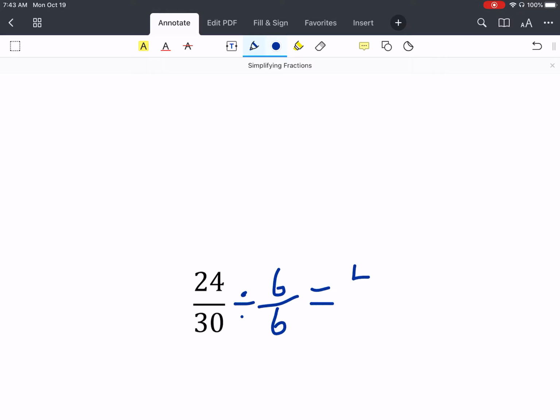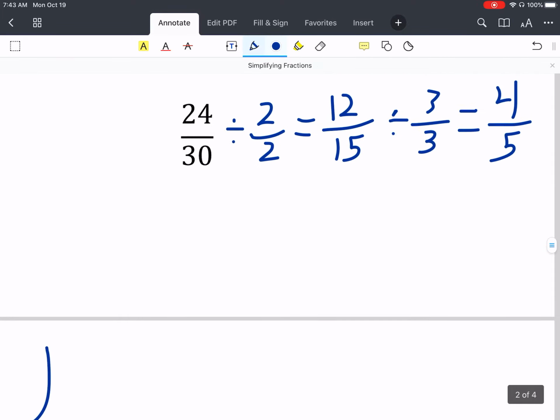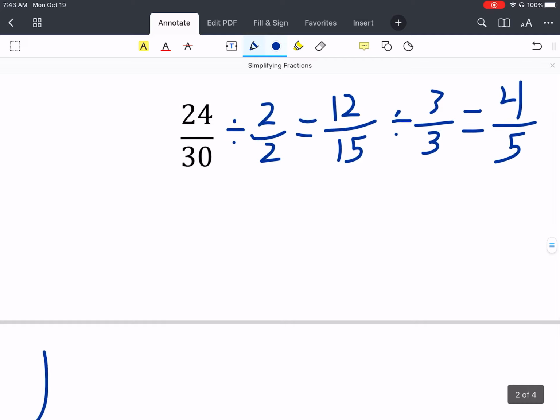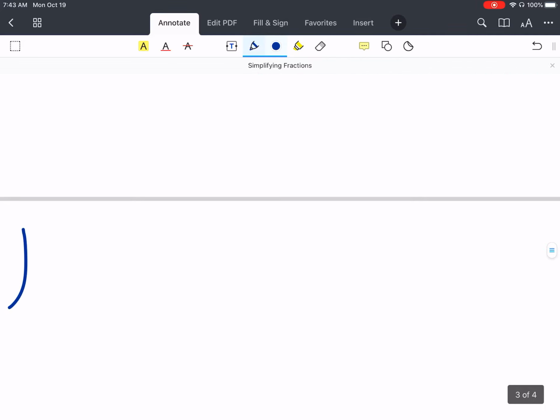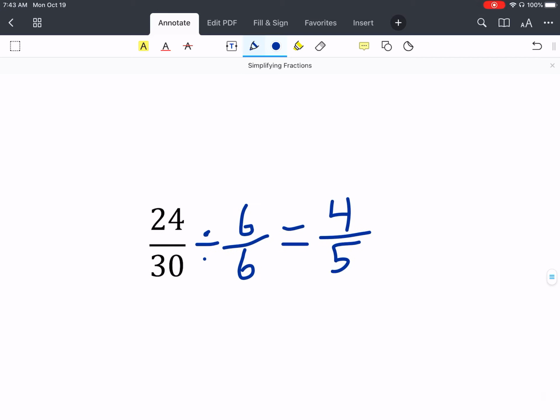And that would give me the same answer of 4/5. So instead of dividing by 2 and then by 3, I could get the same answer of 4/5 by using my math facts and dividing by 6 right away.